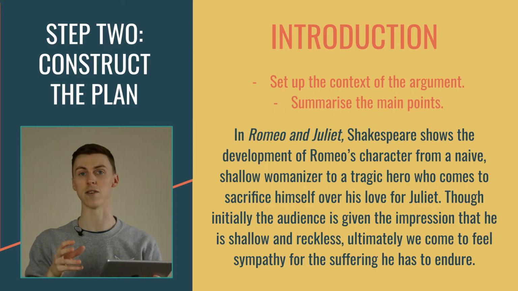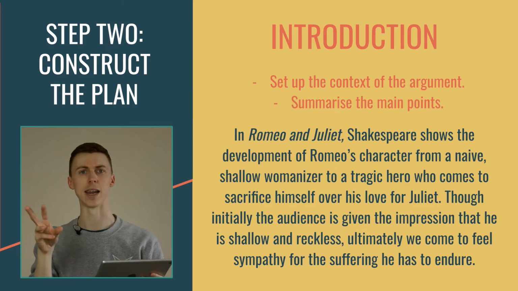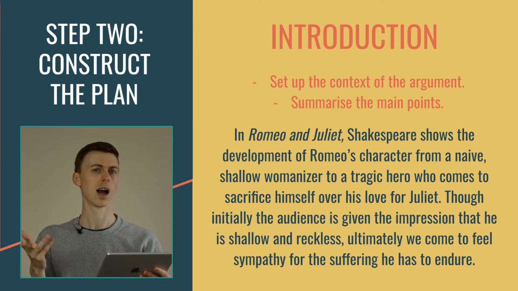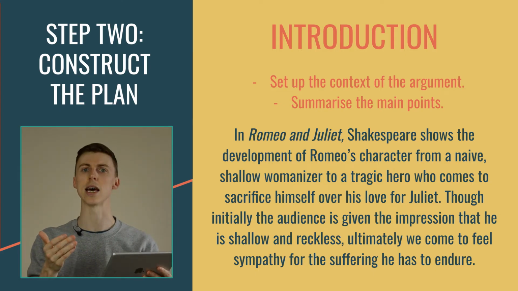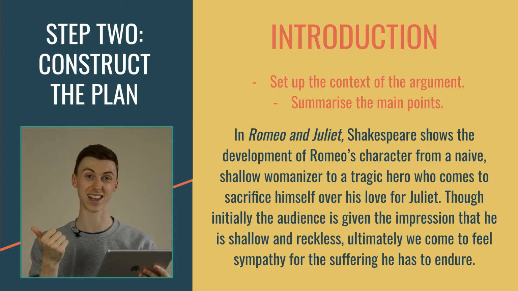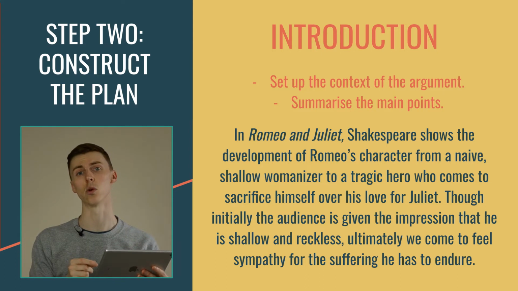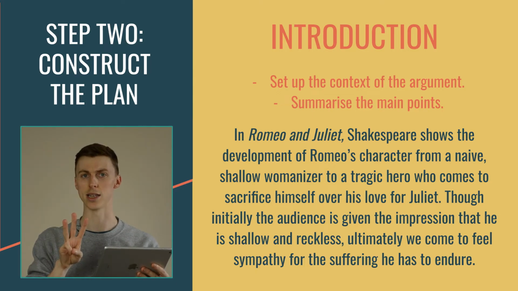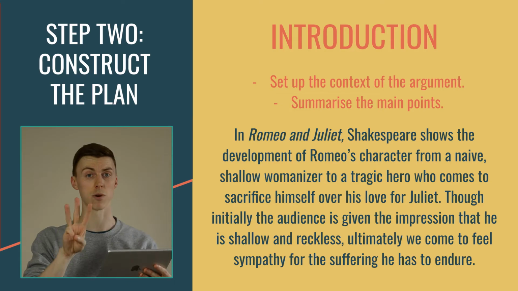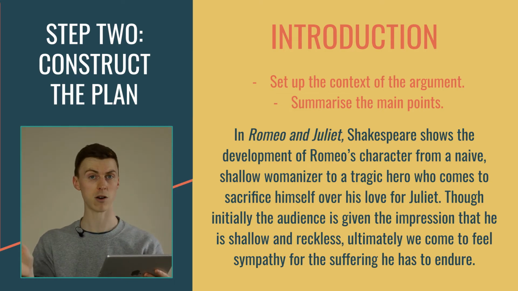Then we'd also want to be giving the summary of what our 3 main impressions of Romeo are. Let's think of some right now. We could say that he is shallow and a little bit reckless at the beginning of the play, but ultimately he's somebody that we come to feel sympathy for, particularly towards the end of the play. 3 main ideas. We'd summarize those all in our introduction. That also gives us the 3 main ideas for our main body paragraphs.